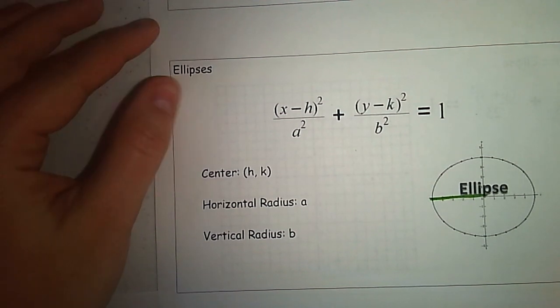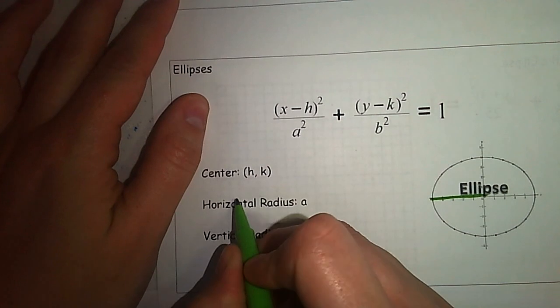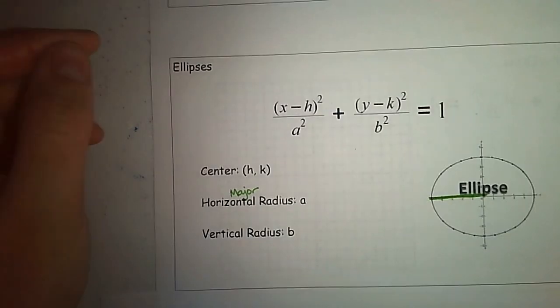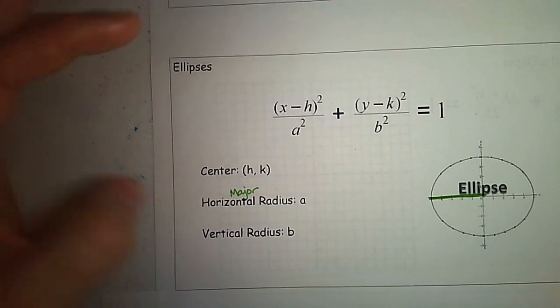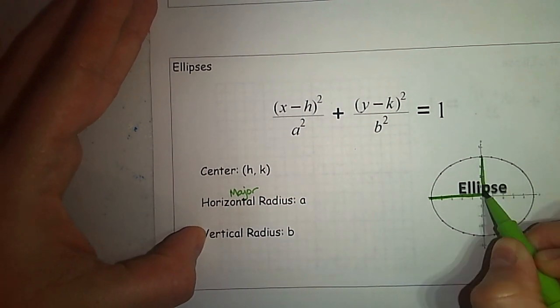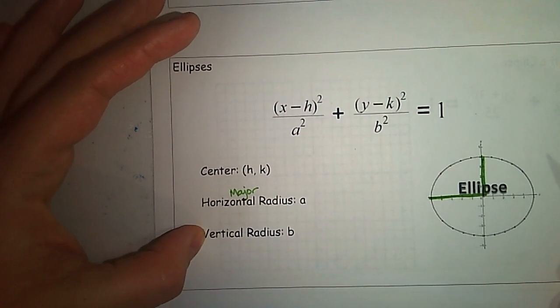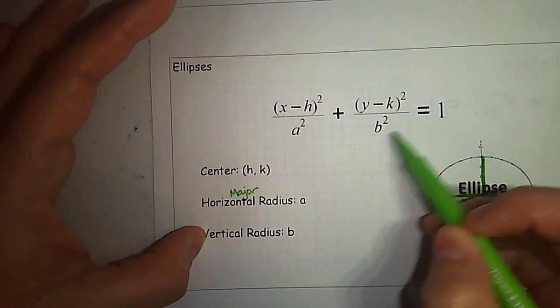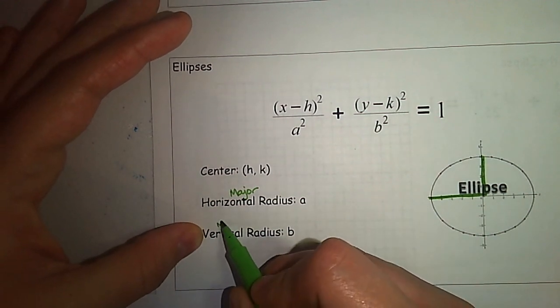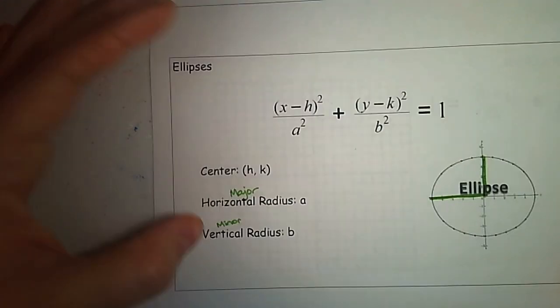Sometimes the horizontal radius is called the major radius or the major axis, you'll sometimes hear. Vertical radius, again, just as it sounds, is this length right here. So vertical radius is represented with a b, and again in the equation it is the b squared. Sometimes you'll hear it called the minor radius or the minor axis as well.